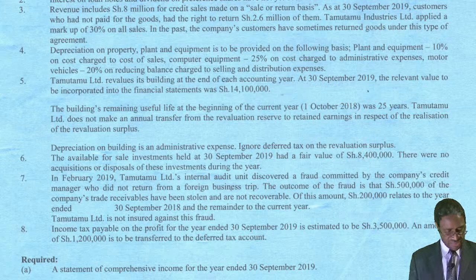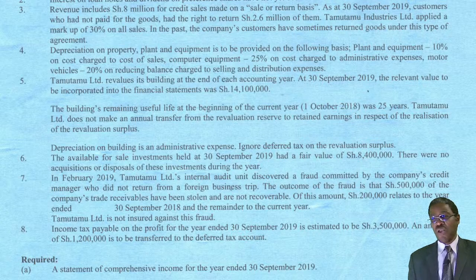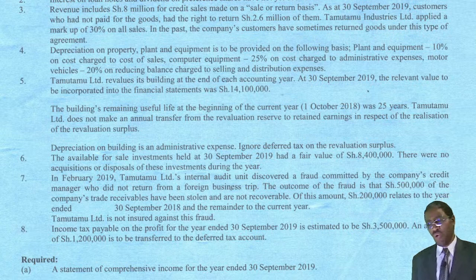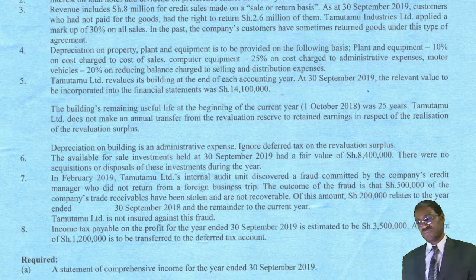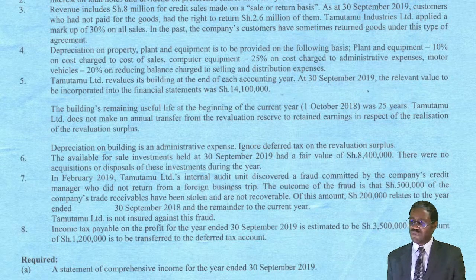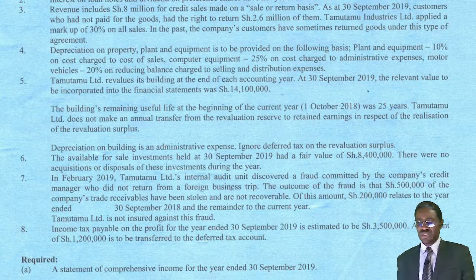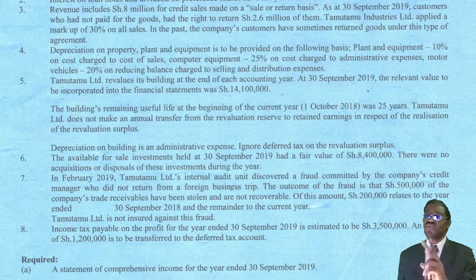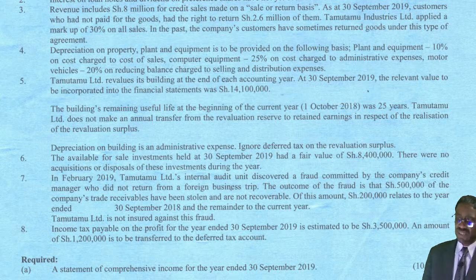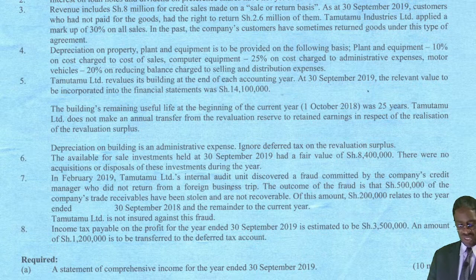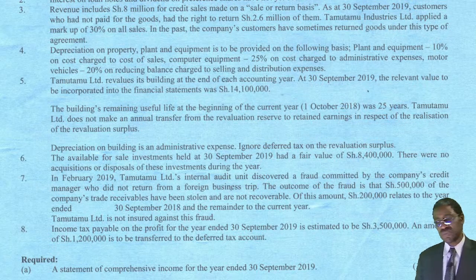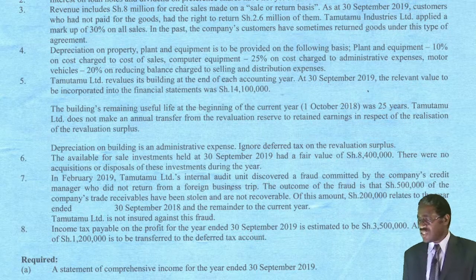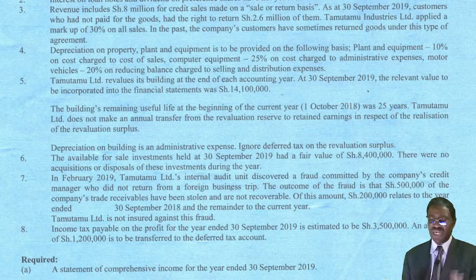Now listen. Here is a customer who owed the business 500,000. It seems he had not paid for the last 2 years. When he came and paid 500, 200 was for last year and 300 was for this year. Now, it is obvious, listen carefully, that 500,000 is a loss.